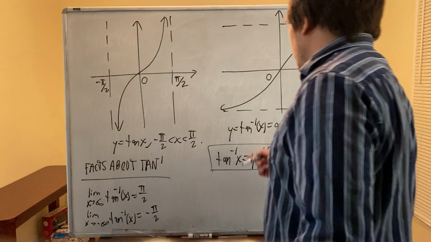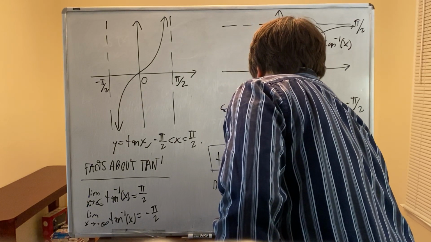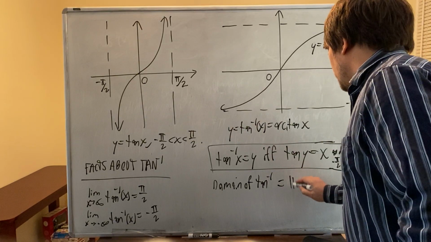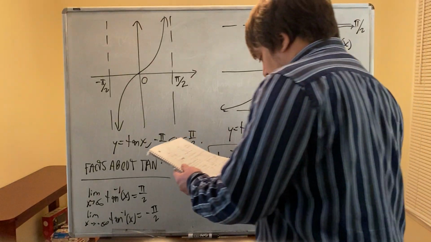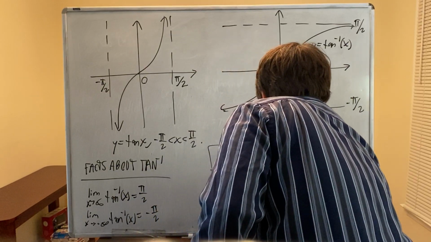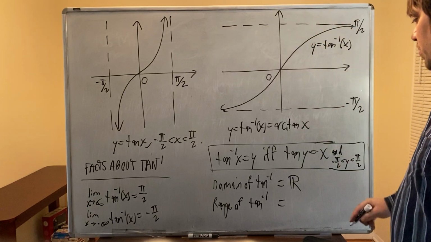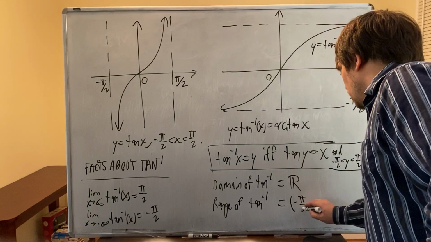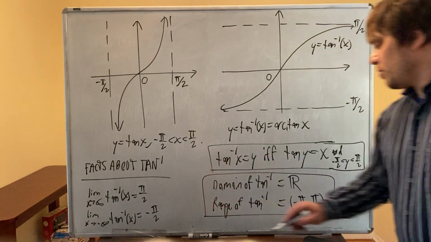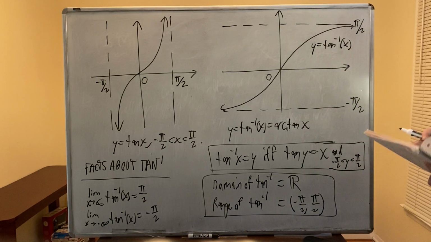And so now the domain of tan inverse is the set of real numbers. The range of tan inverse is, well, the range is y values strictly between negative pi over 2 and pi over 2. Okay, and so you get that.